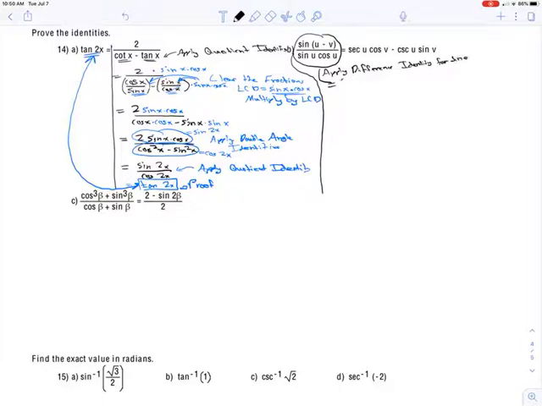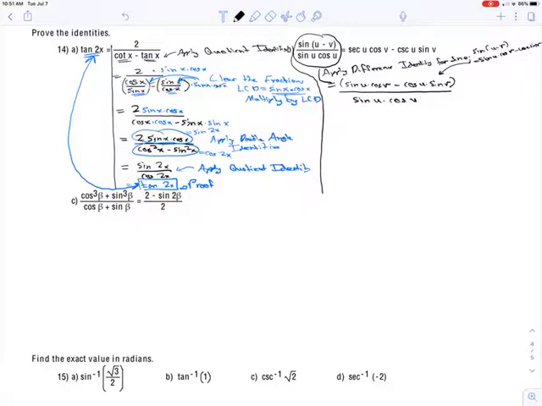The difference identity for sine is sine of u times the cosine of v minus the cosine of u times the sine of v. So sine of u minus v equals sine u cosine v minus cosine u sine v, and all that's divided by sine u times cosine of u.